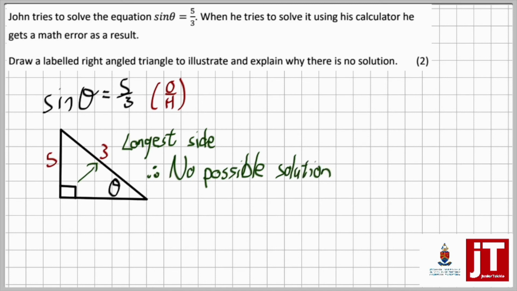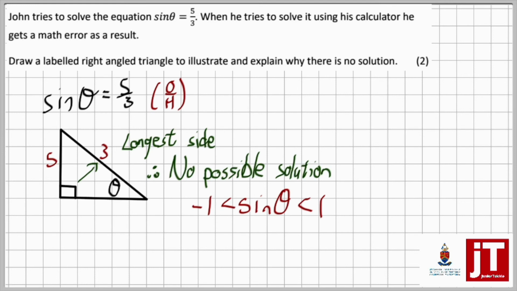Now, interestingly enough, this kind of leads us towards the following. Sin of theta must lie between -1 and 1. Now please, ignore the negative ones for grade 10.